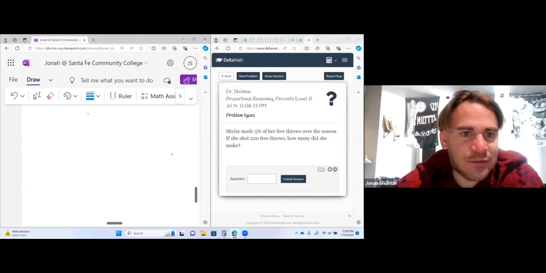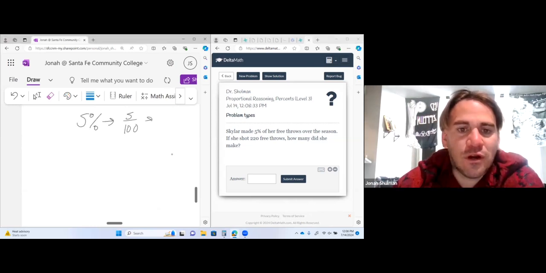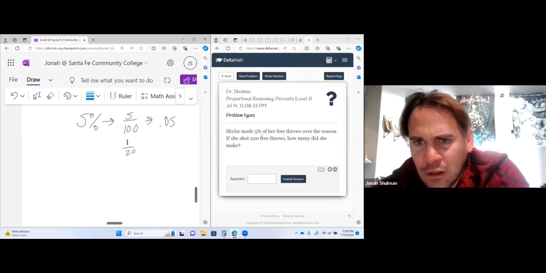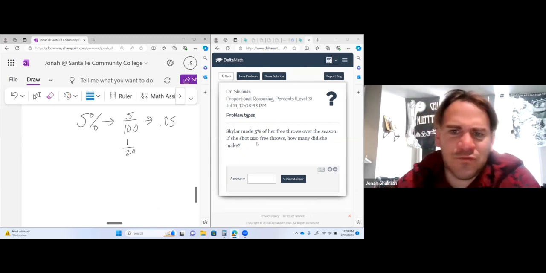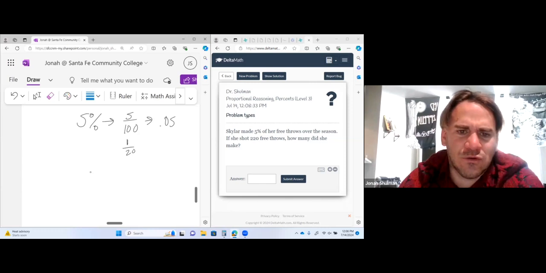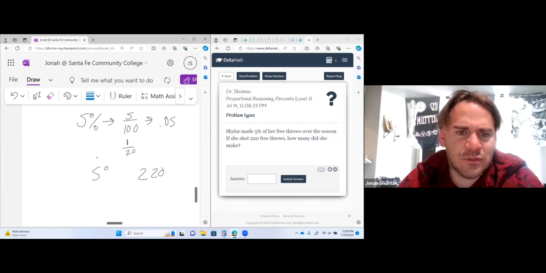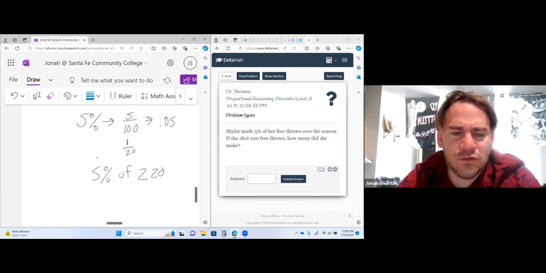Skylar made 5%. So 5% really means 5 divided by 100 or 0.05, or however you want to slice this, could be 1/20. If she shot 220 free throws, so that's the total, basically we want 5% of 220.